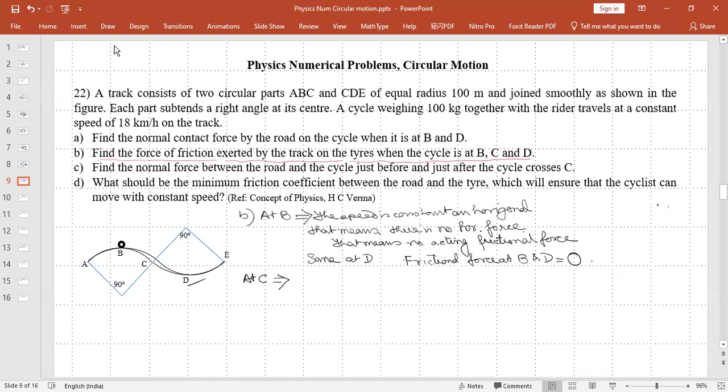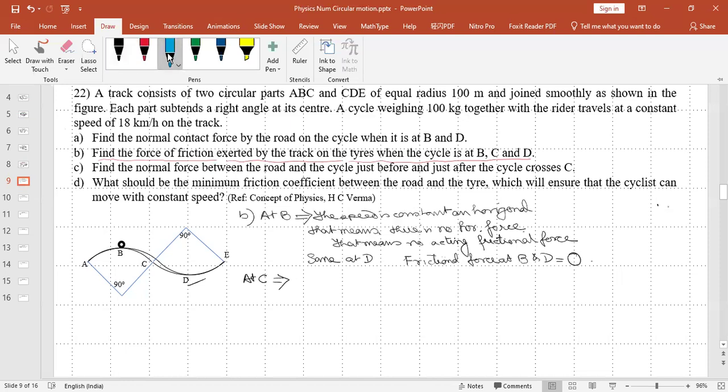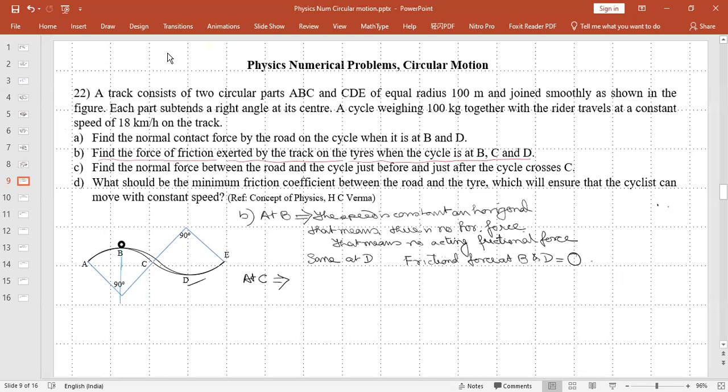At C, we have to see the diagram clearly. Say this is theta, which obviously is 45 degrees. So this angle is also theta.